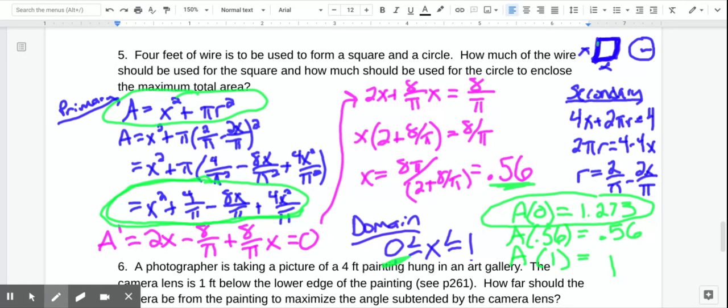And if x is 0, that means that we're spending none of this wire on the square. So our solution is that all the wire is used to make a circle. And that's going to be the most effective use of those 4 feet of wire to enclose the maximum area.